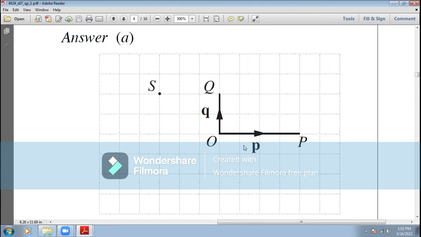P is 4 steps horizontally to the right. Here we have 3 steps to the left, so it will be minus 3 by 4 of the small p. So OS will be Q plus minus 3 by 4 of the P.